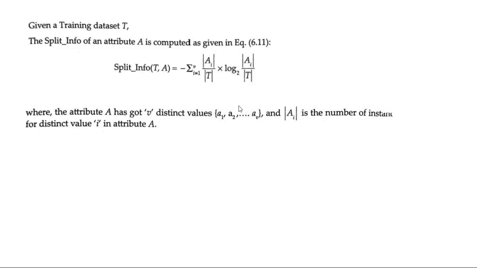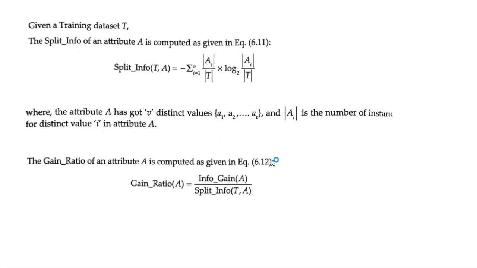Ai is the number of instances for a distinct value i in attribute A. So capital A is the attribute and Ai is how many instances are present. That would be the numerator, divided by the total number of instances in the training data set.